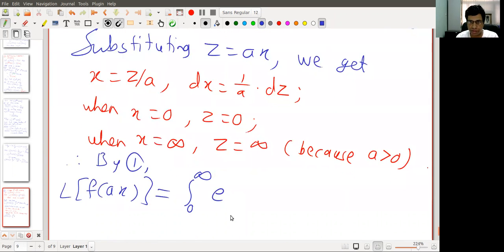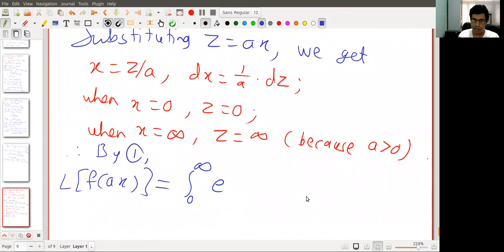So x is z by a, minus p z upon a, f of z, dx is 1 upon a into dz.